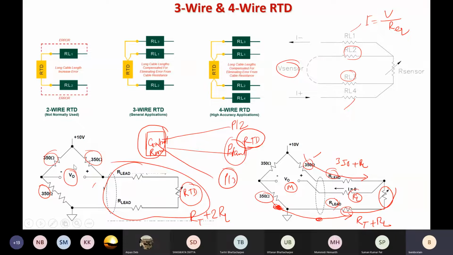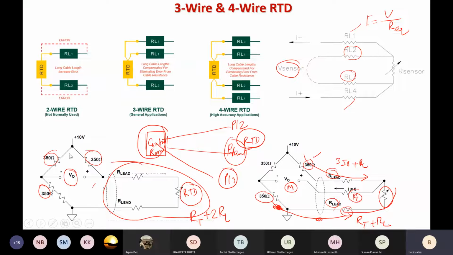Then in that context we also illustrated how, in the Wheatstone bridge, the 2-wire, 3-wire and 4-wire RTDs are connected, and how their performance is improved with respect to the 2-wire RTD, in order to reduce the effect of lead wire. So in this context, let us take a small homework.